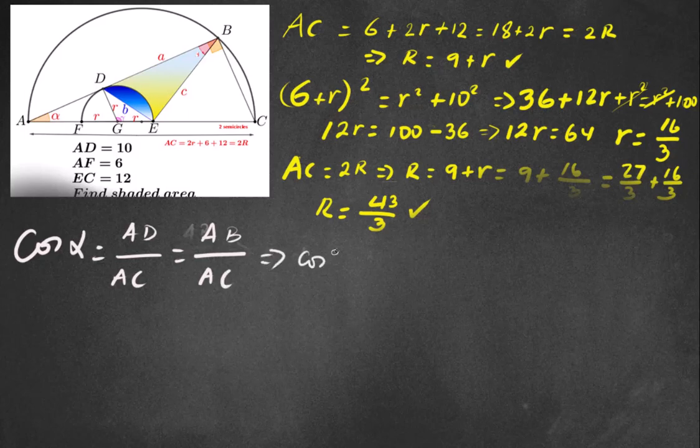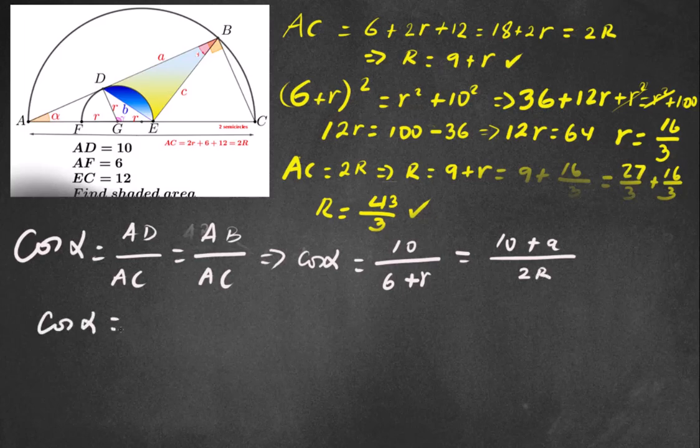So AD over AG is equal to 10 over 6 plus r, which is also equal to 10 plus a over 2R. 2R is simply 86 over 3.